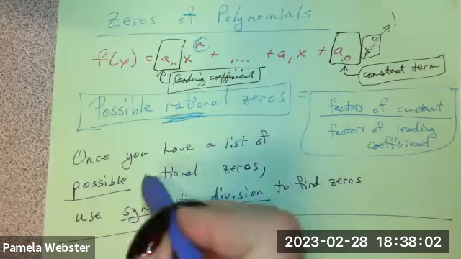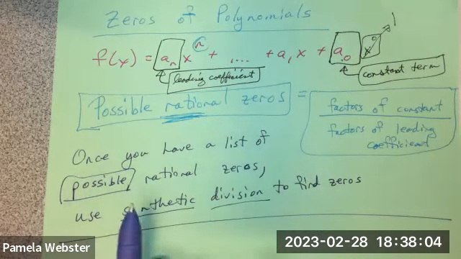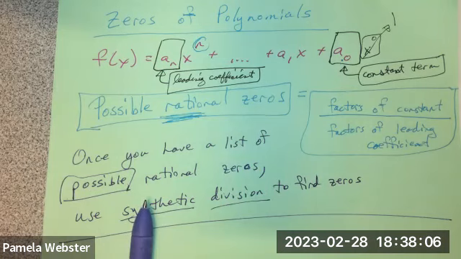So I need these possible rational zeros first, and then I'm going to use some of the tools that I've put into my tool bag to figure out which ones I actually want.